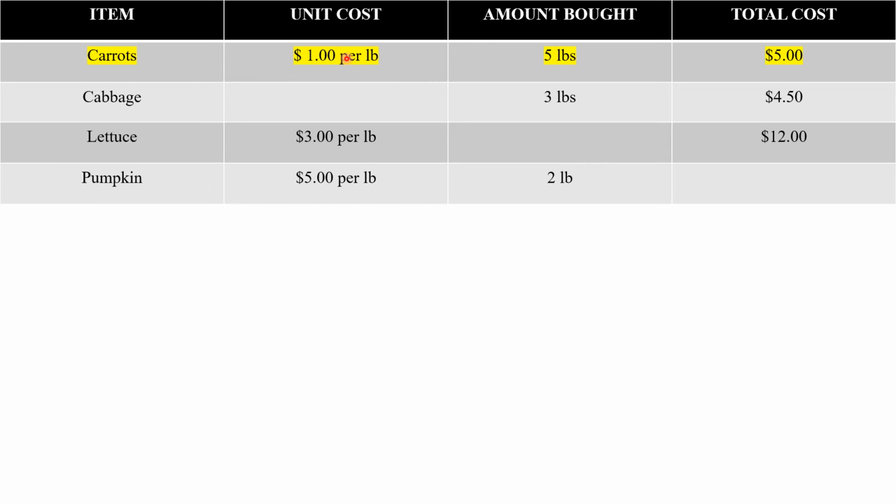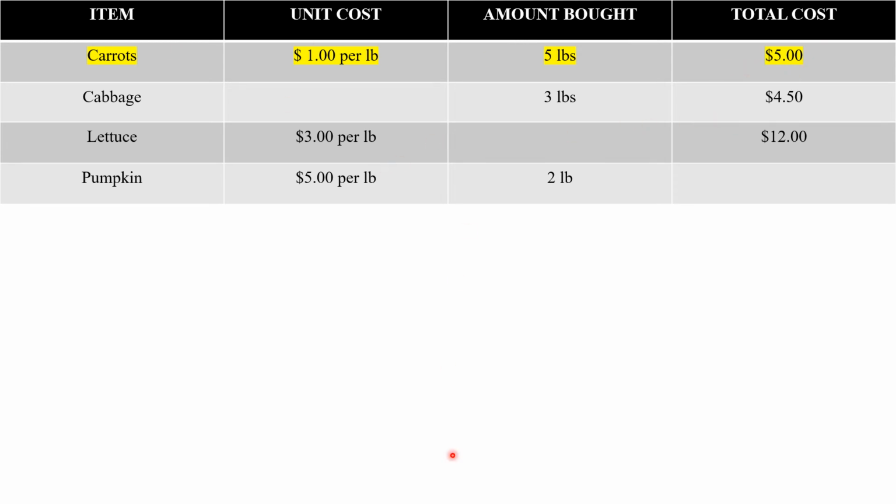Derive our own formula. So here we have the amount bought, and if you want to know the total cost, all we need to do is multiply the amount we're buying by the unit cost. So if we're buying 5 pounds, and it's $1 for a pound, then 5 pounds will be 5 times $1, and that will give us $5 as a total cost.